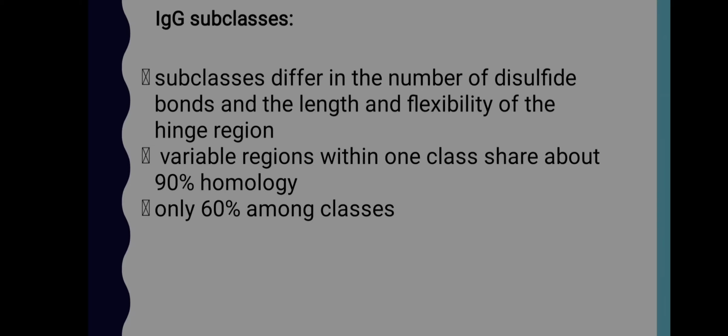IgG subclasses. Subclasses differ in the disulfide bridges, length and flexibility of the hinge region. The variable region within one class shares about 90% homology and 60% among the classes.